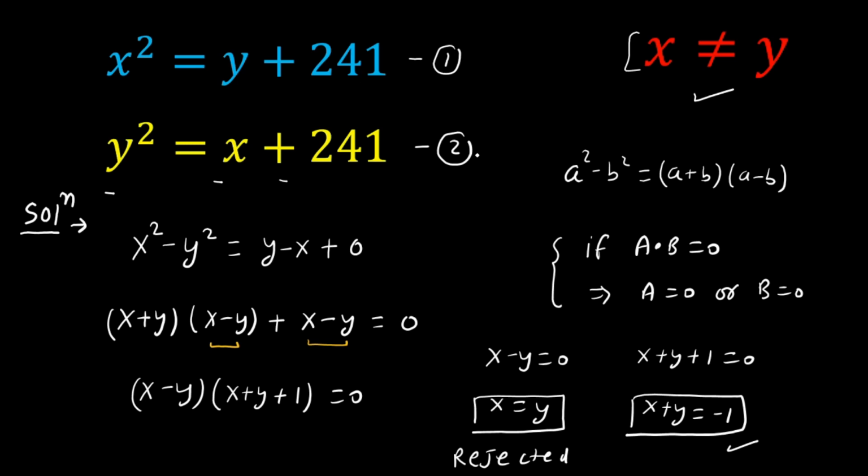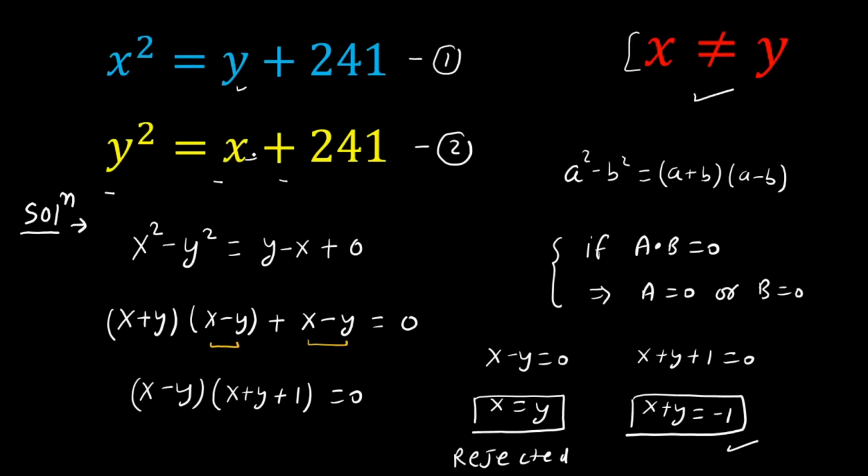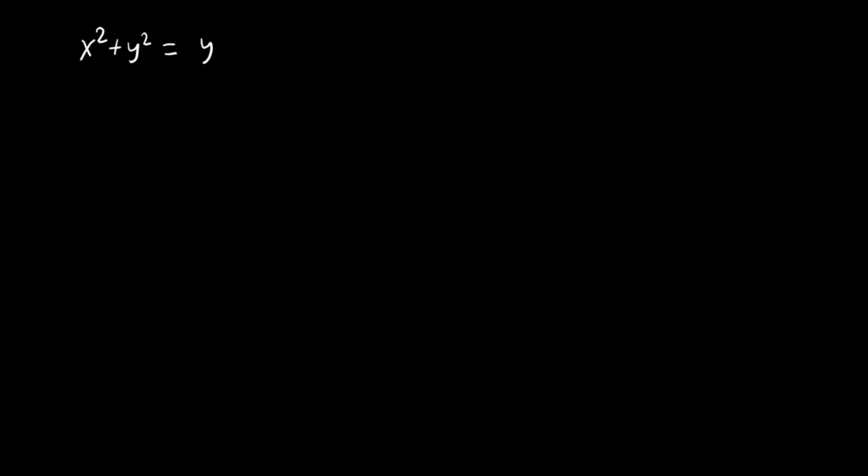Now if we add both the equations, then on the left-hand side x² plus y², and on the right-hand side y plus x plus 241 plus 241.